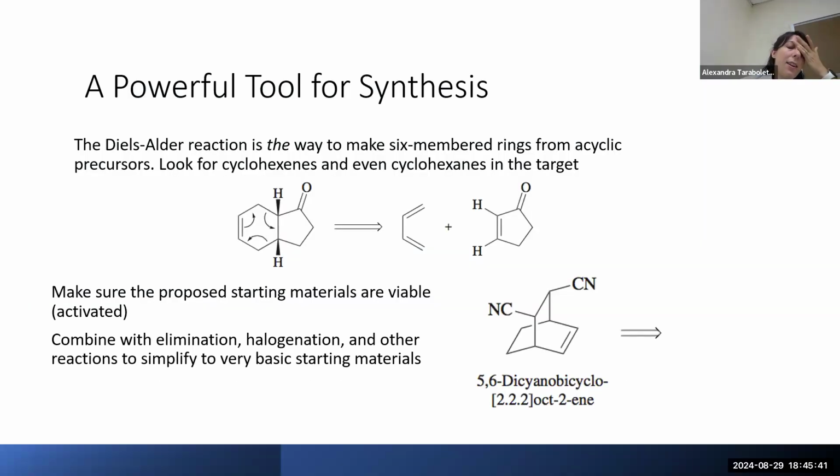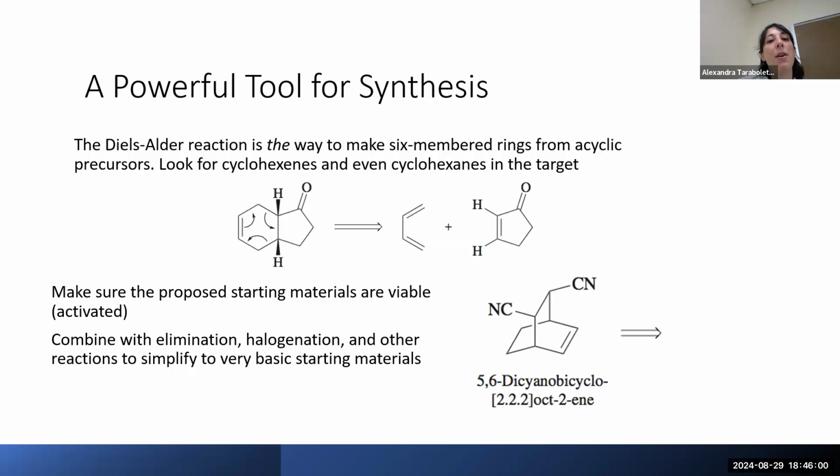All right, now in Orgo 1, we started to talk about retrosynthesis, which was this idea of thinking backwards. I just showed you how a Diels-Alder reaction works.